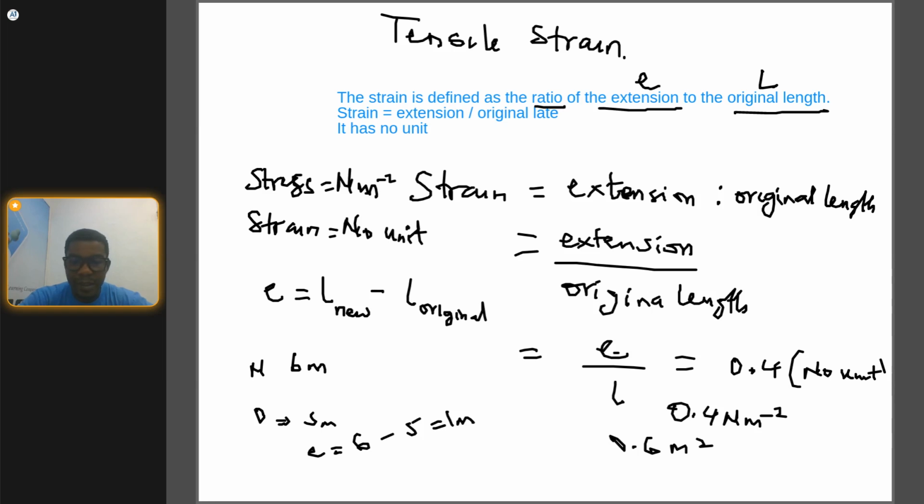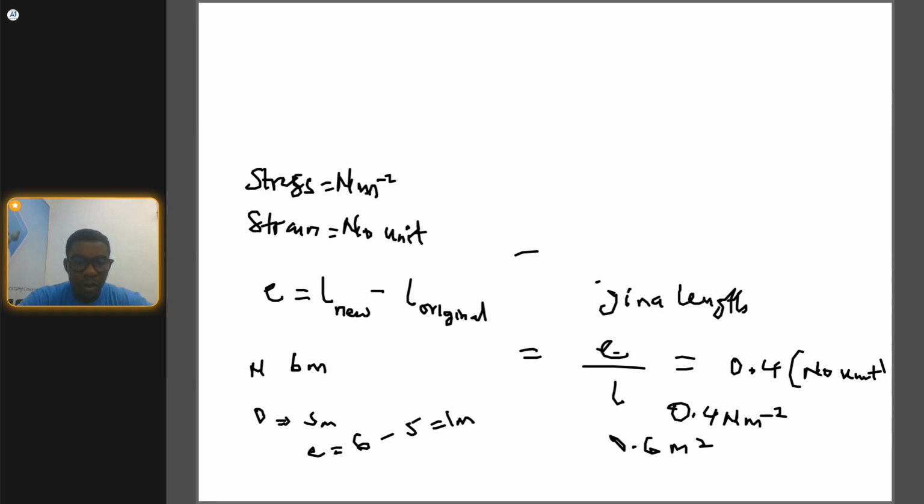Okay, now let's take the Young modulus. What is the Young modulus? Now we need to express that using our notes.